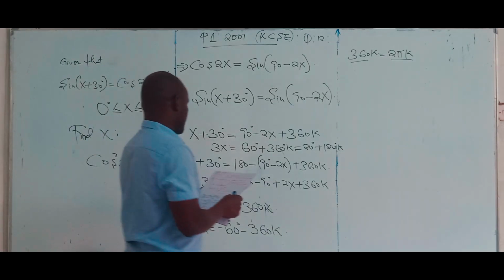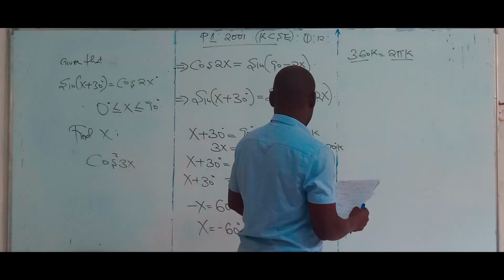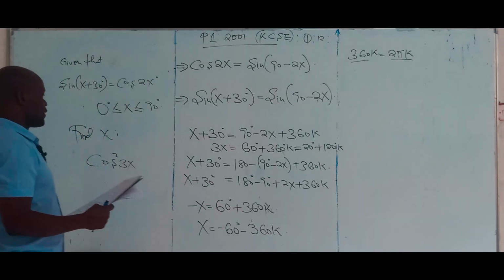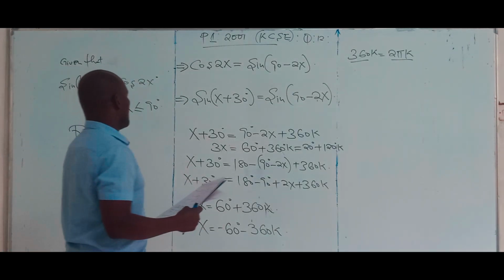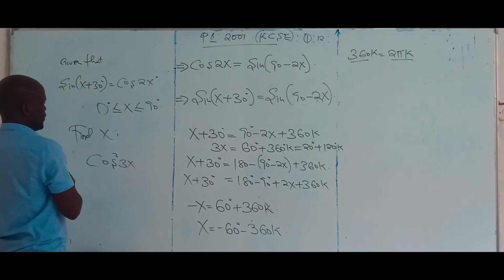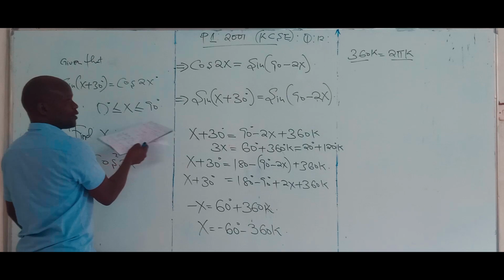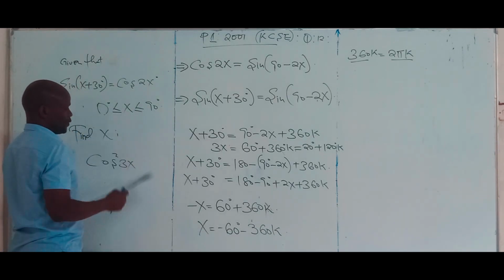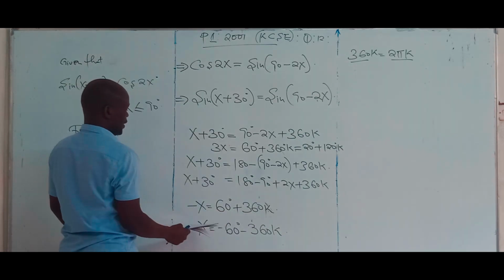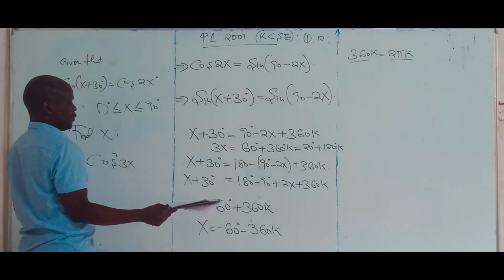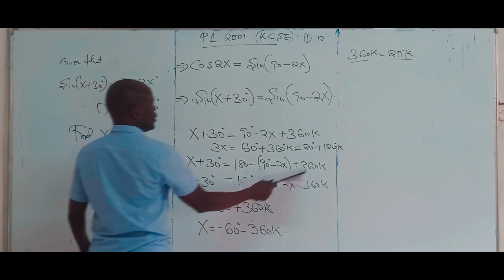So we test. When K is 0, we find the first value of x to be 20 degrees, and the other value of x to be negative 60 degrees.